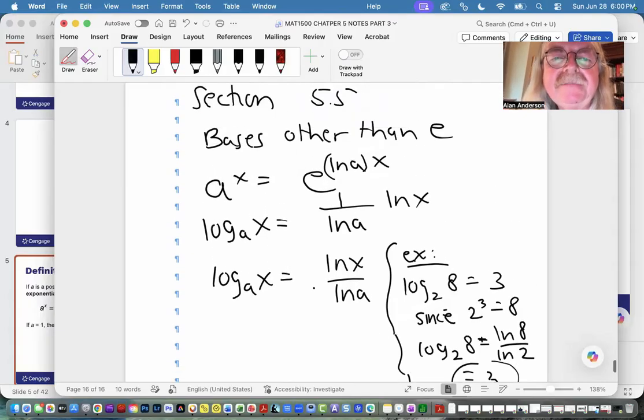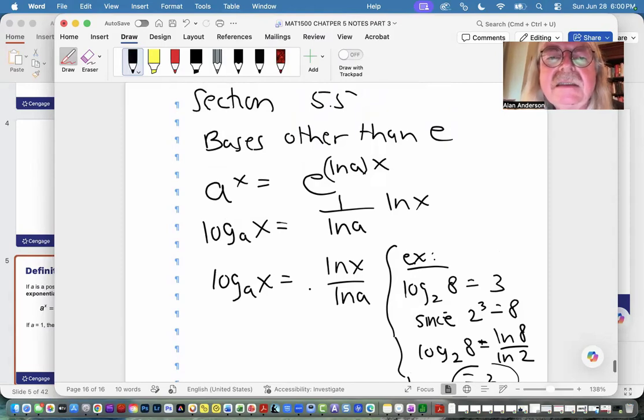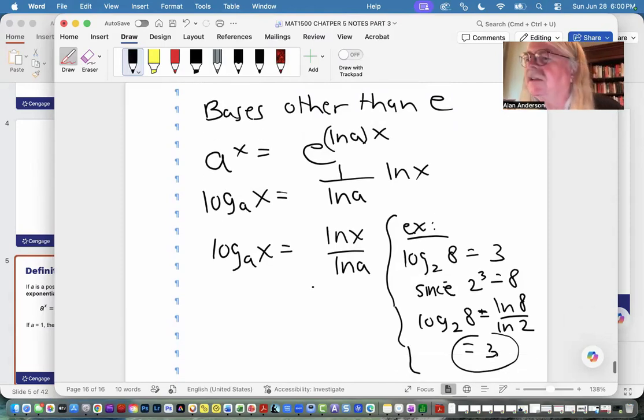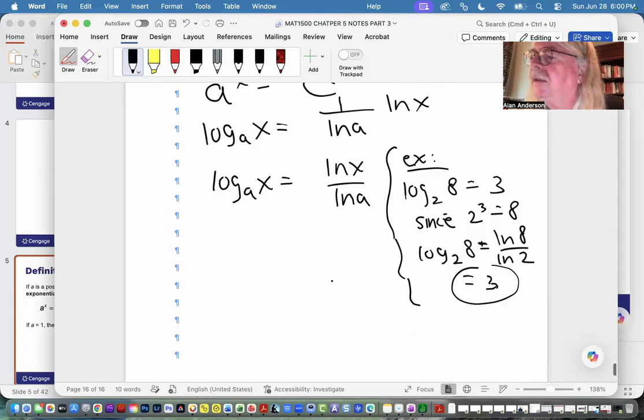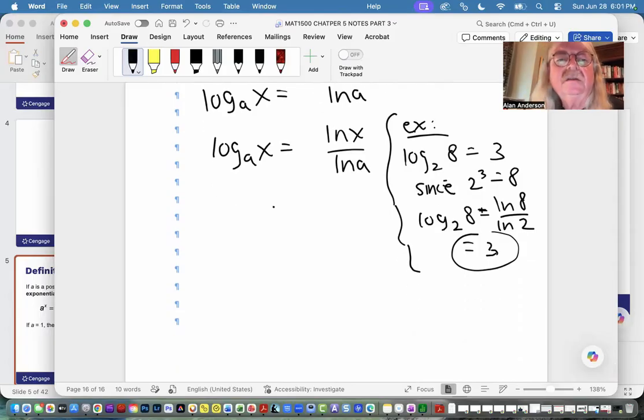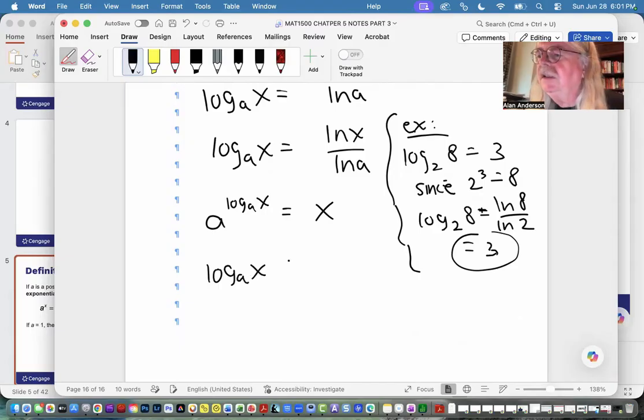So what else do we need to know? There's actually not that many. a raised to the log a x power equals x. Interesting. And conversely, log a of a to the x equals x.